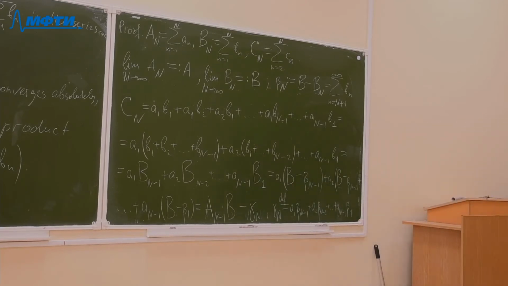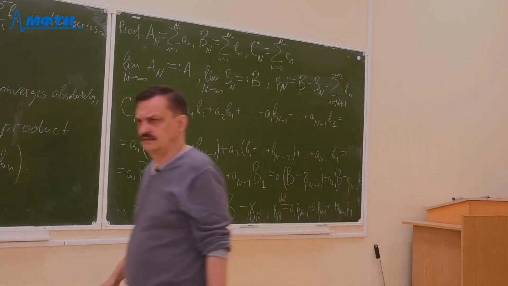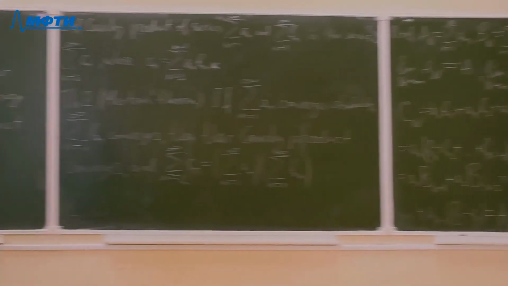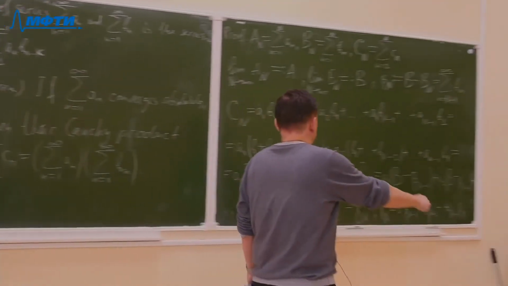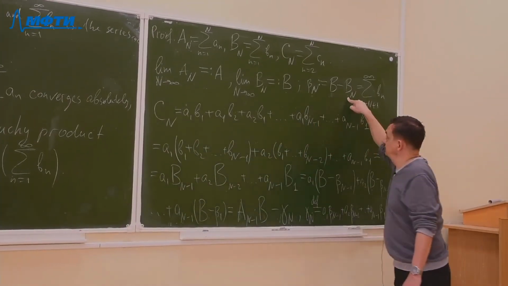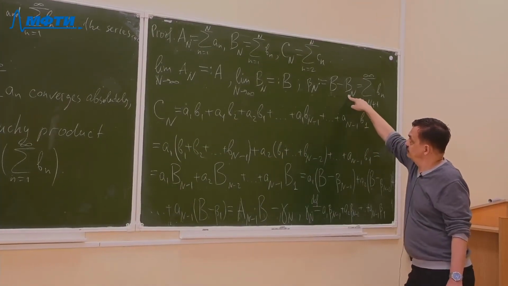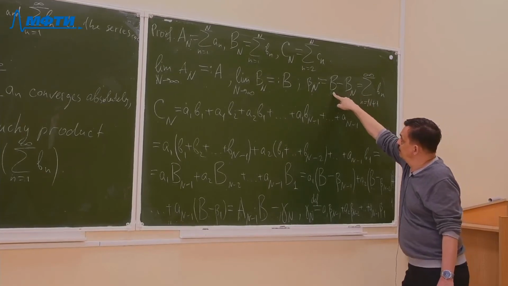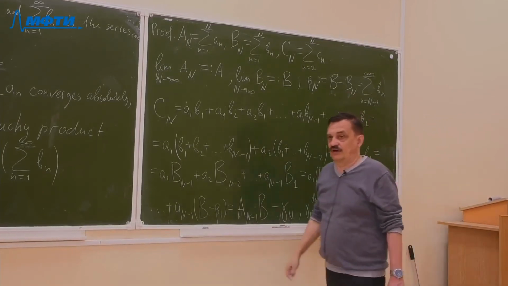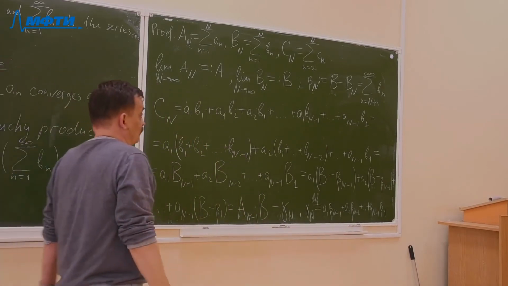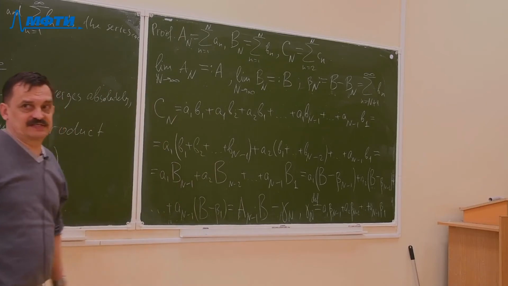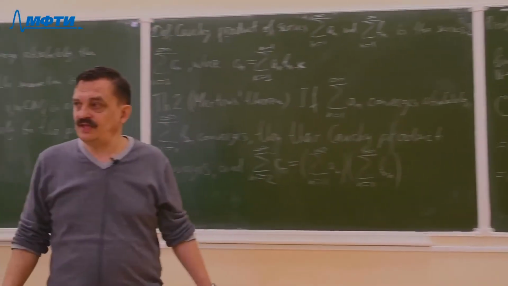That is the representation of our partial sum. Right? Beta, by definition, is defined like the difference. So that is the remainder of our convergent series, or tail of this series. Okay.